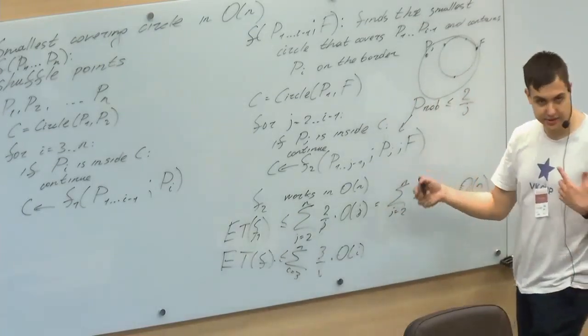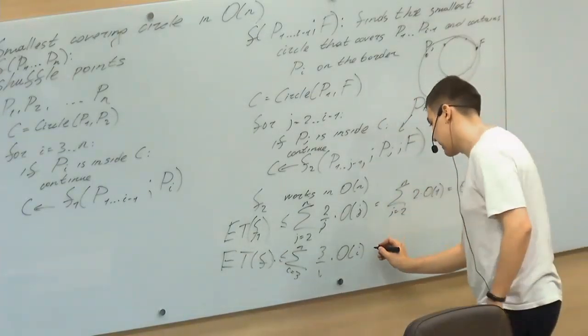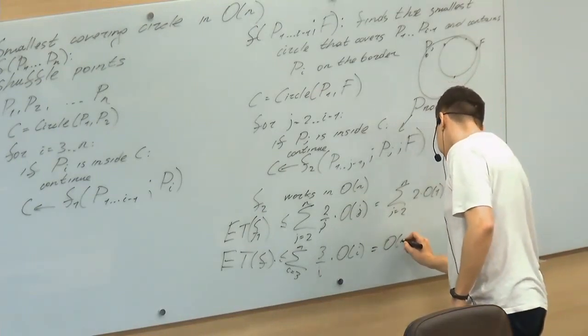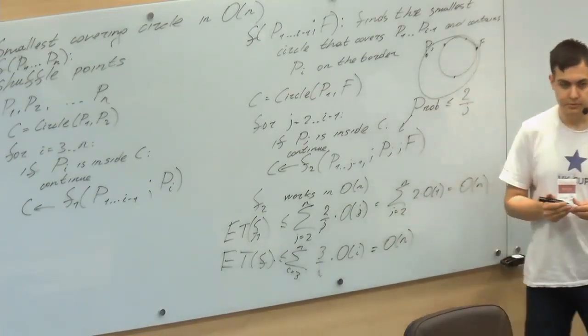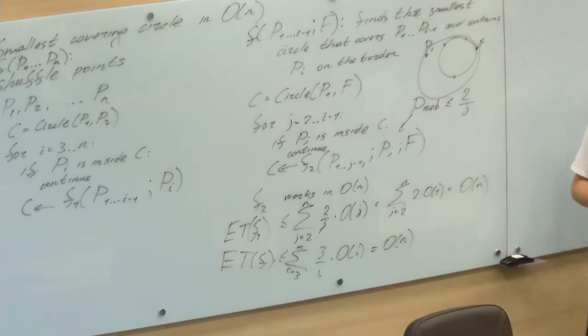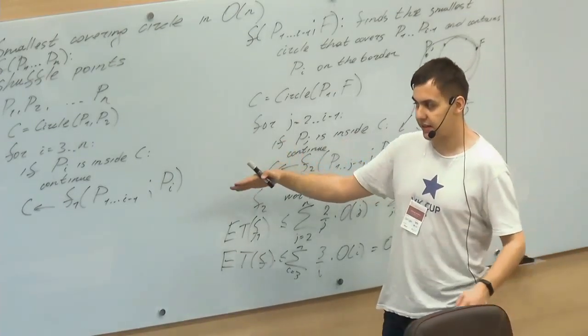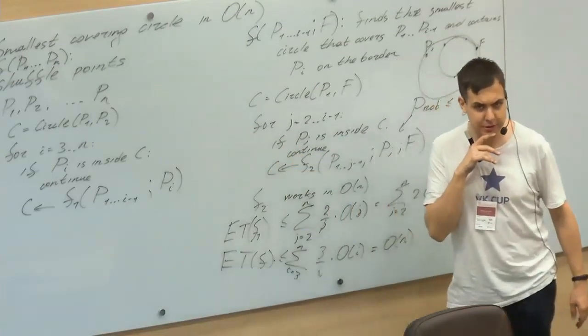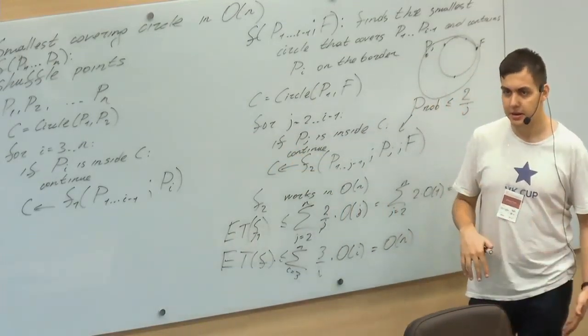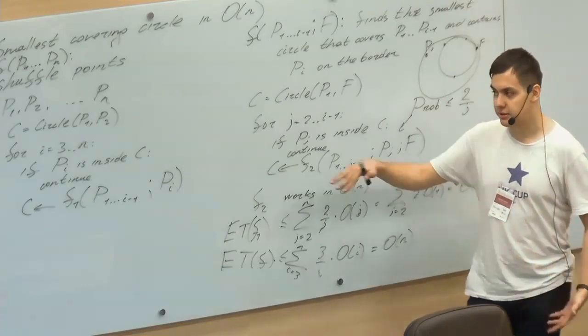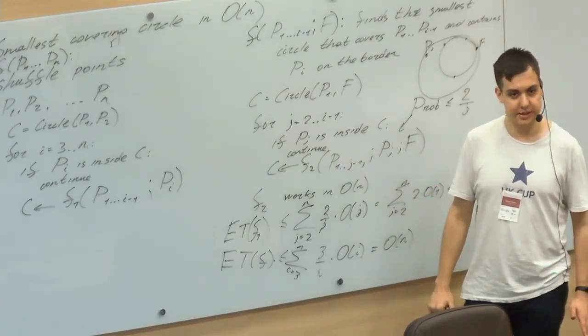Again, the i's cancel out, so we get big O of n. So this is a strange randomized algorithm that shuffles points and sometimes makes recursive calls, but the total expected time it takes to make all recursive calls is linear.